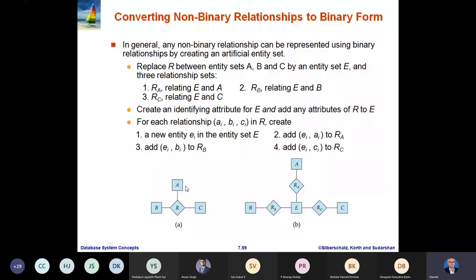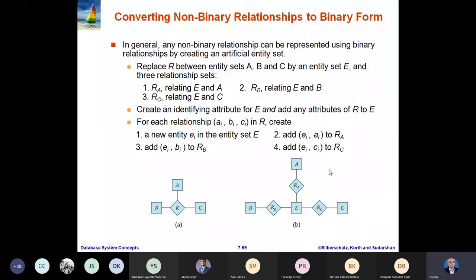And then you simply have these relationships replaced by this between A and E as RA, B and E by RB, and C and E by RC. So that is what we will do for converting any non-binary relationship to binary form.